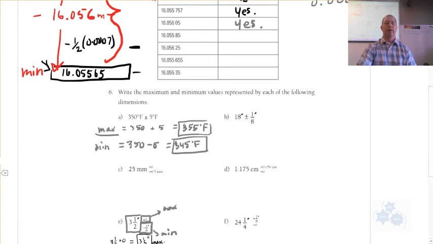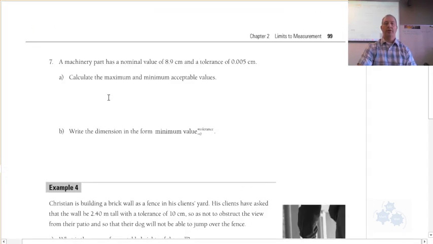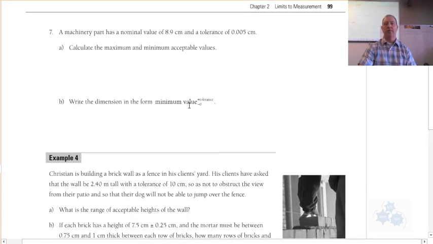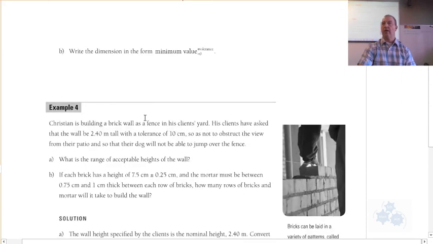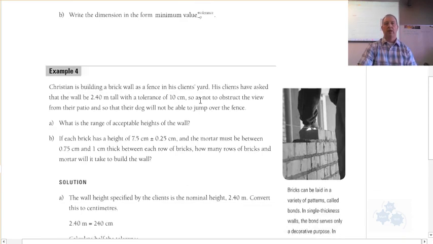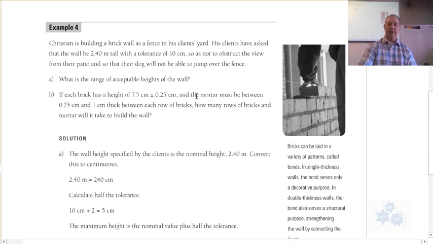Okay. And there's number 7 as well, so I'll get you to do number 7. So I tell you what, let's take a look at example 4 and do the last little bit of this lesson, and then I'll let you go back and finish all the questions. Okay? All right, so let's focus on number 4, the last example before we're pretty much done this section.